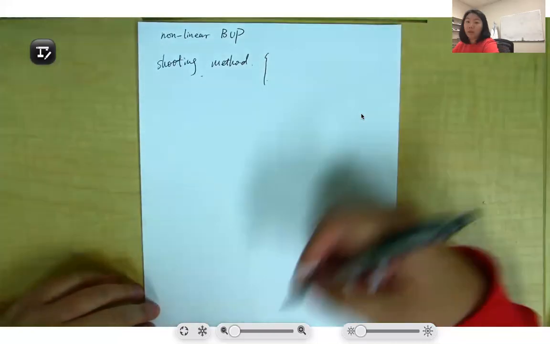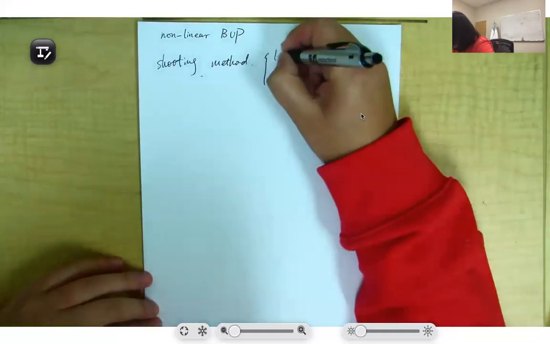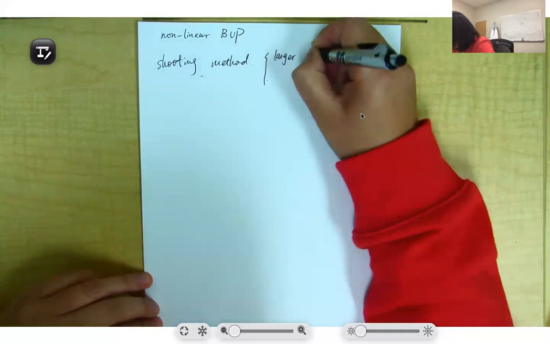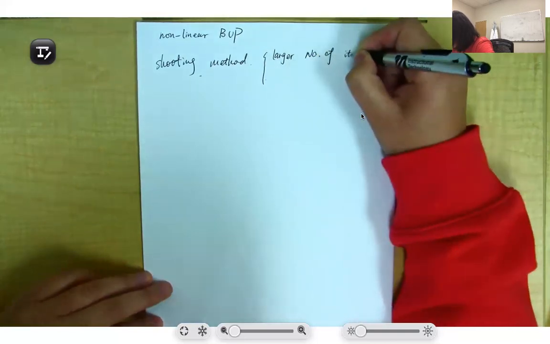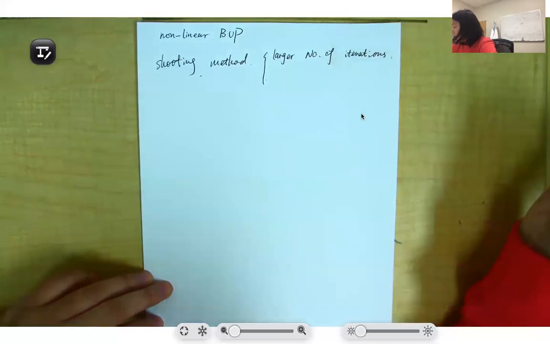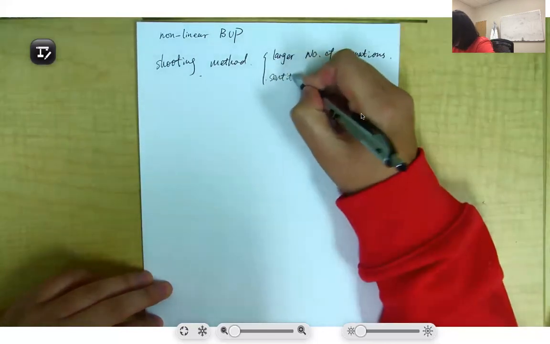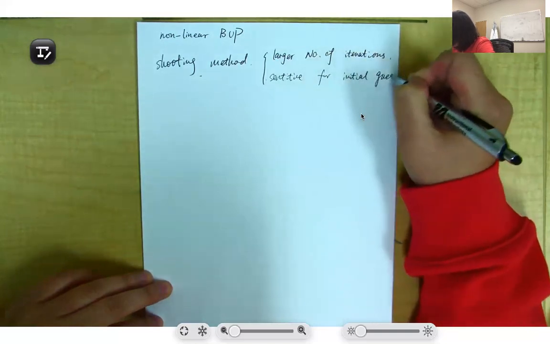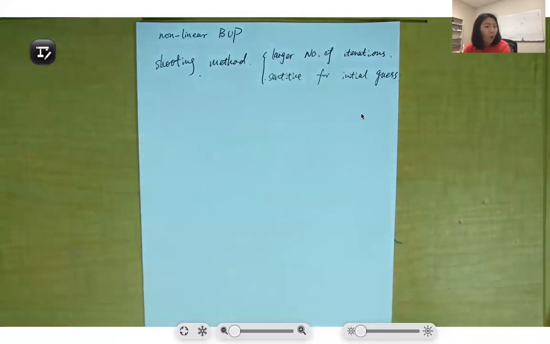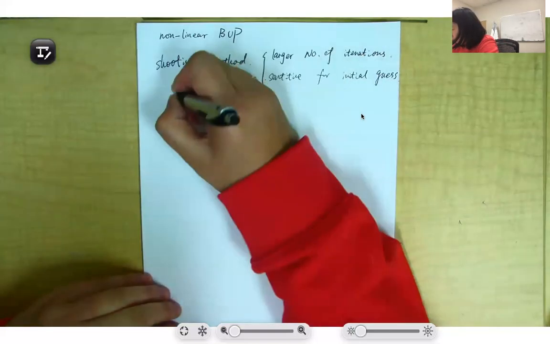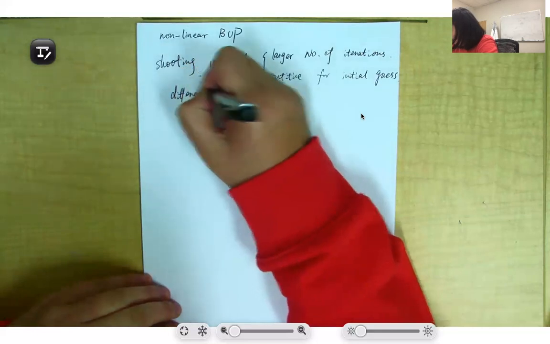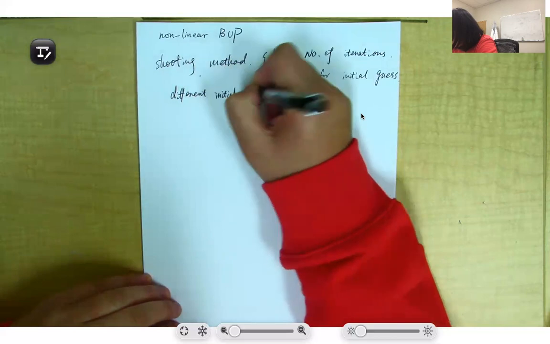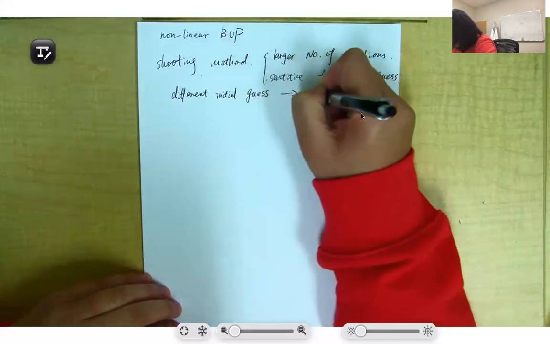But compared to the linear one, it just may need a larger number of iterations, and it's also sensitive to the initial guess. So for the nonlinear BVP, you may have multiple solutions, and different initial guesses will lead to different solutions.